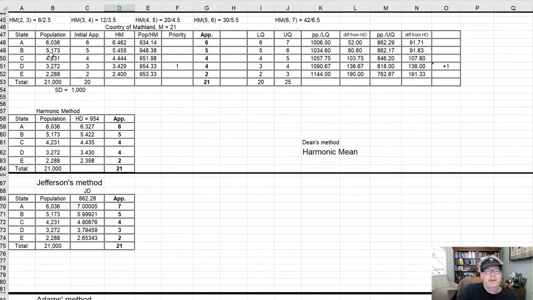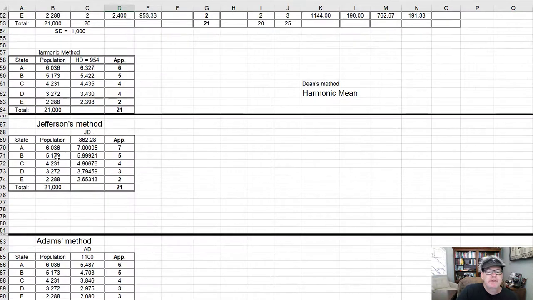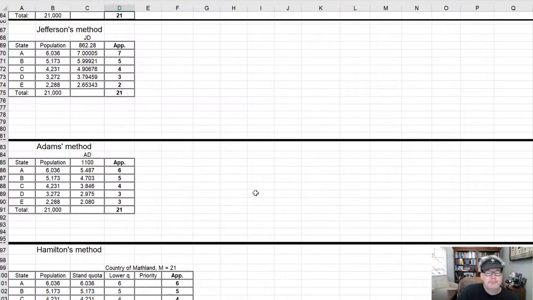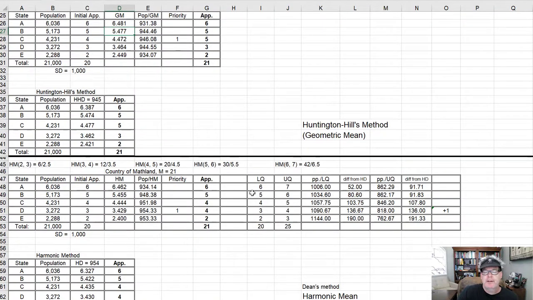So similarly here, population, lower quota, harmonic mean of where you're at and where you want to go, population divided by the harmonic mean, largest value gets the next seat. And I didn't do it with Jefferson or Adams, but all right, so there's the priority method.